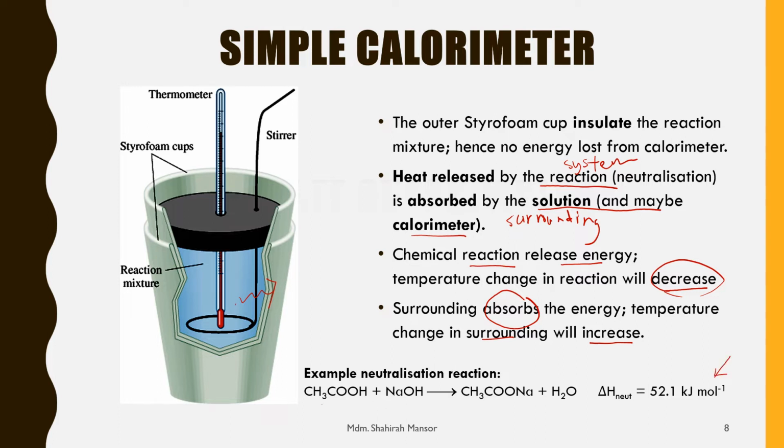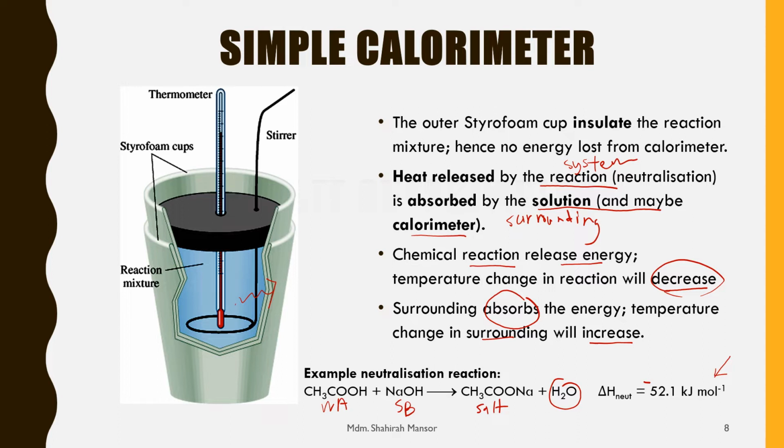So here we have weak acid. Kita react dengan strong base. So kita akan dapat this garam dan juga water di sini. And the value of the reaction is actually negative 52.1 kilojoule per mole.